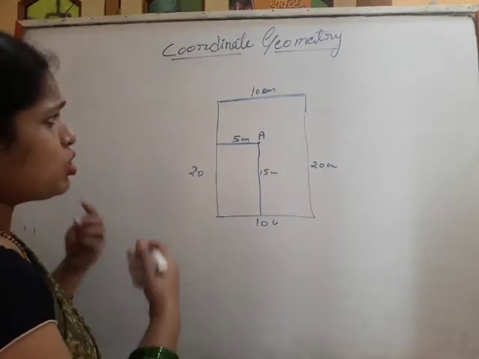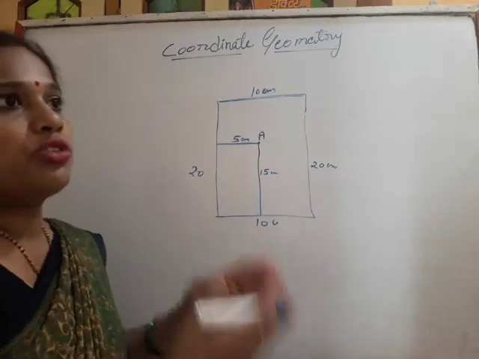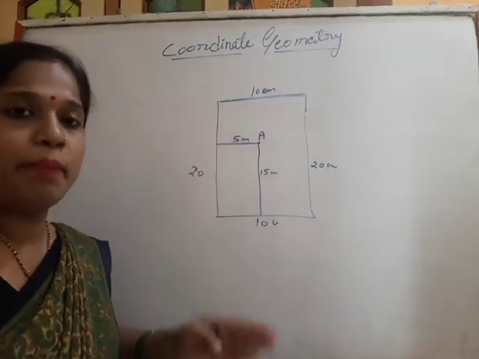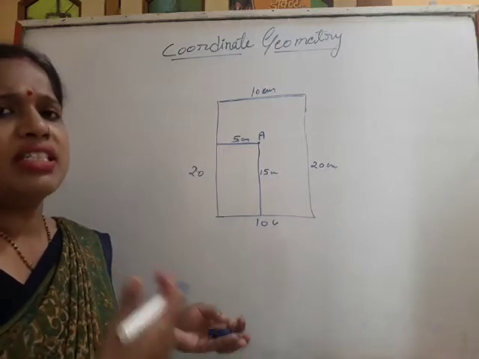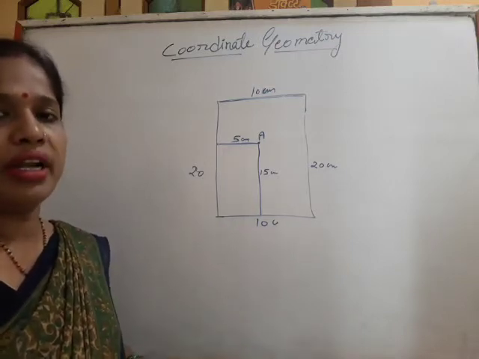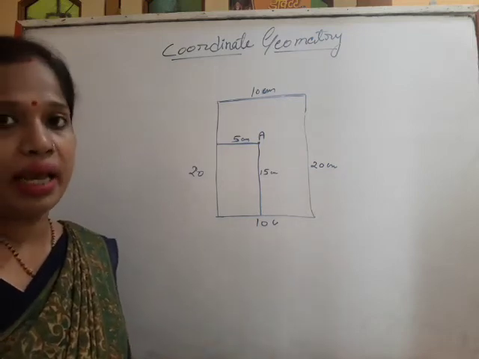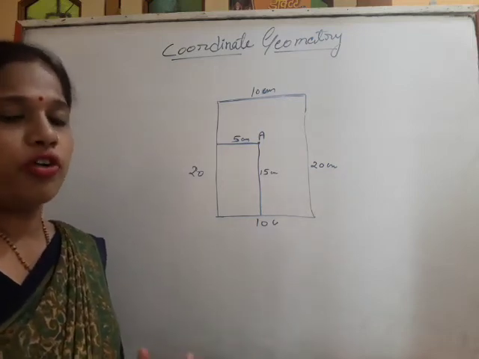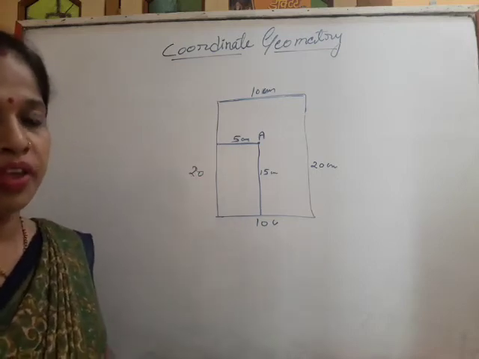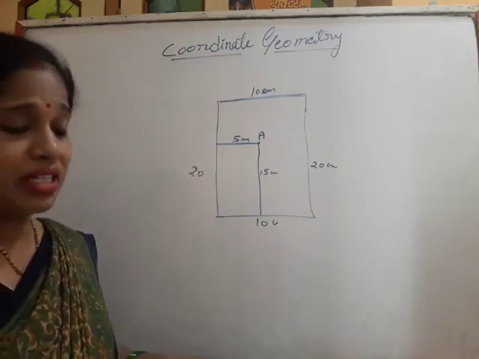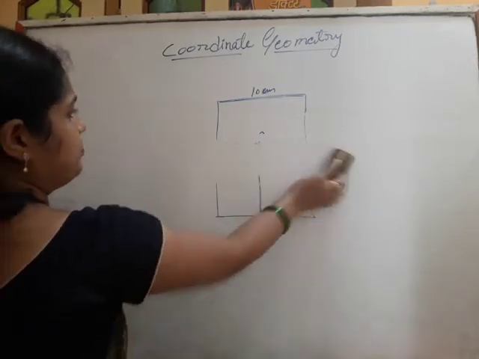Like this, we can find positions in other examples too. Suppose there are many parallel streets, and we want to find the position of a street lamp. For that we need coordinate geometry. More examples are given in your exercise 3.1. Let us discuss that.